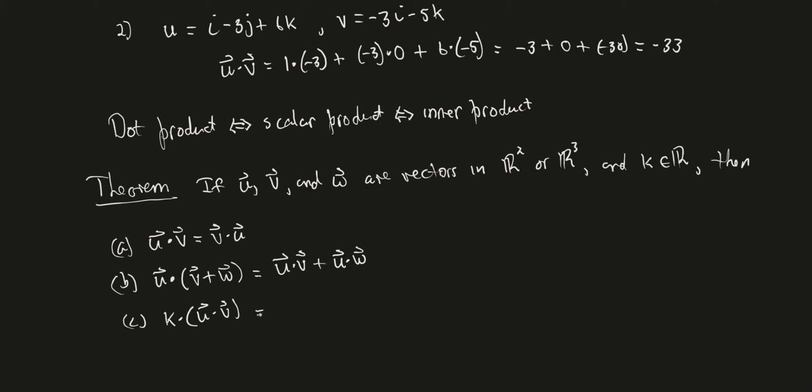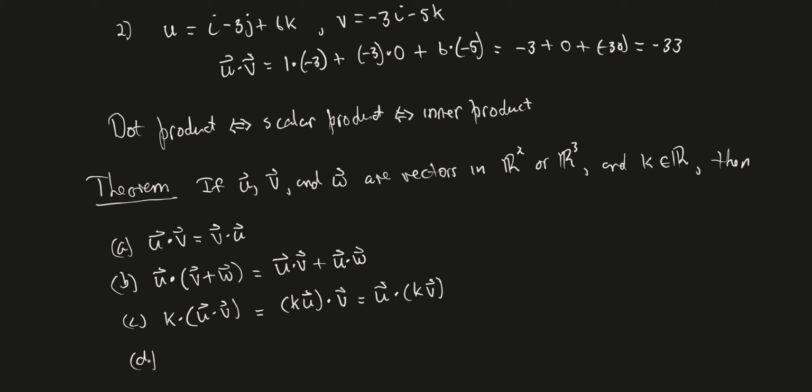Well, it turns out that you can group this k in different ways. You can write it as ku dot v, right? Or you could do u dot kv. So this is essentially the associative property that is associated with the dot product.